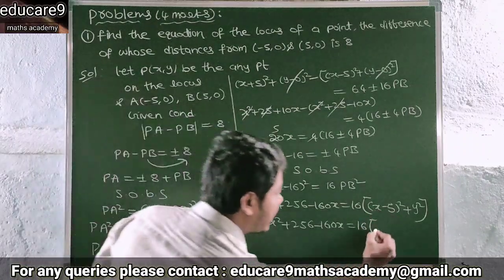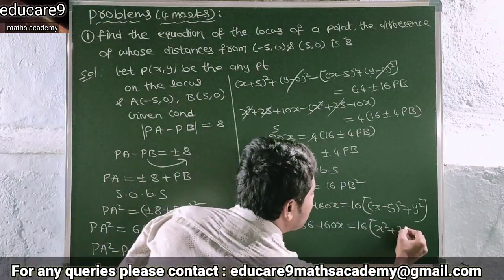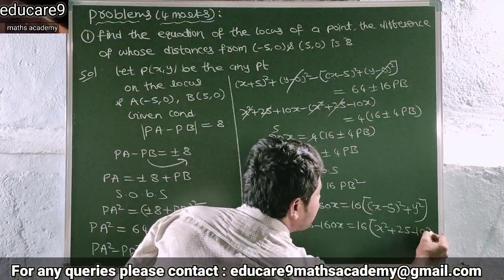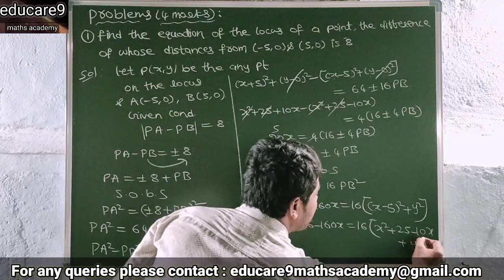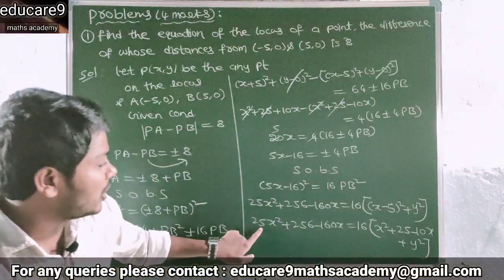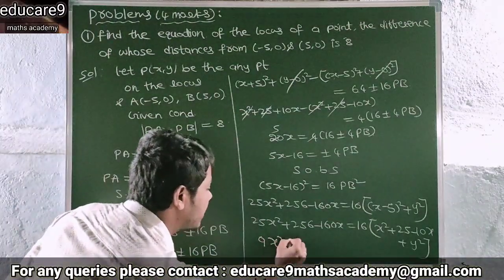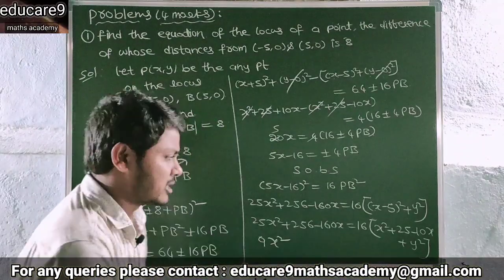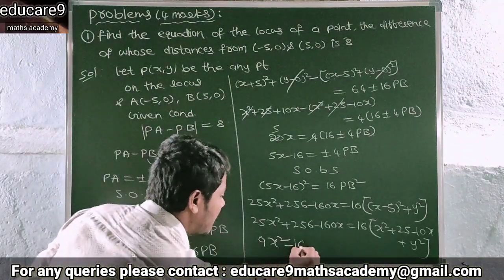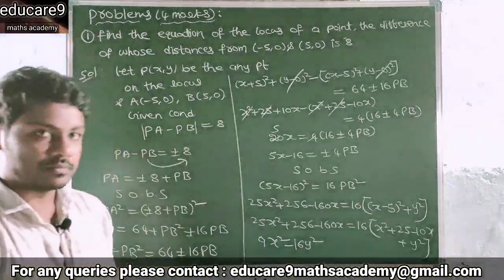Simplify this: 25x² + 256 - 160x = 16(x² + 25 - 10x + y²). Here 25x² - 16x², you will get 9x², and the 16y² sent to the left side becomes -16y².